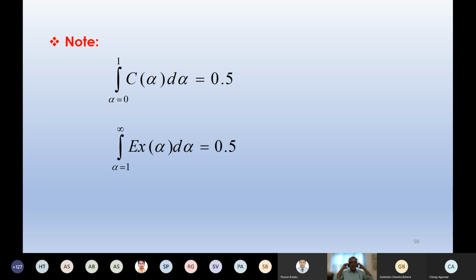Now, as I told, the area under the curve in the contracting zone is equal to 0.5. That means the integration from alpha equals 0 to 1 of C(alpha) d alpha is equal to 0.5. And in the expanding zone, the integration from alpha equals 1 to infinity of Ex(alpha) d alpha is equal to 0.5. I hope this is clear to all of you.